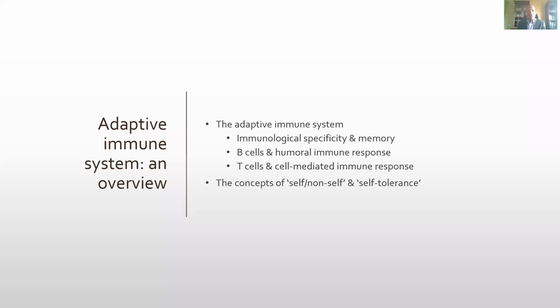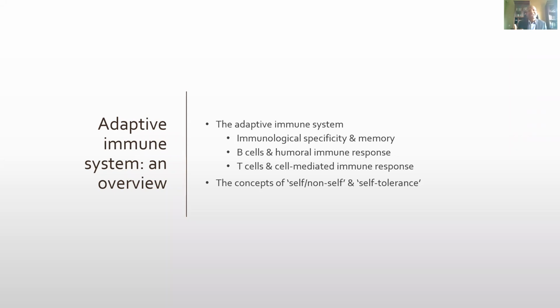Now we need to ask ourselves, when we talk about the adaptive immune system, what is it? The adaptive immune system is a system which learns, gaining experience as you encounter different pathogens.